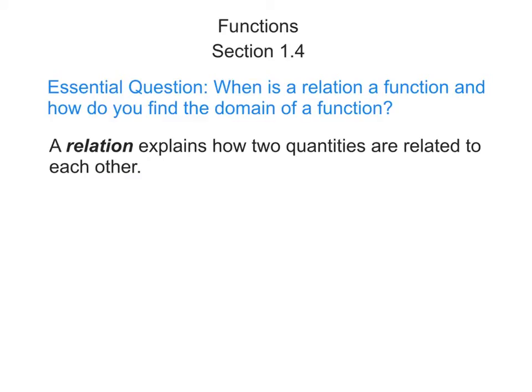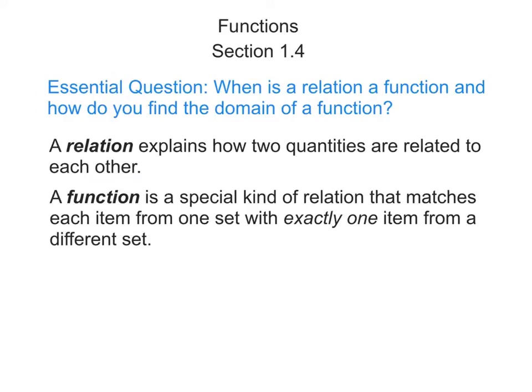Now, a function is a special kind of relation that matches each item of one set with exactly one item of a different set. Now, the key thing about this definition is the term exactly one, okay?